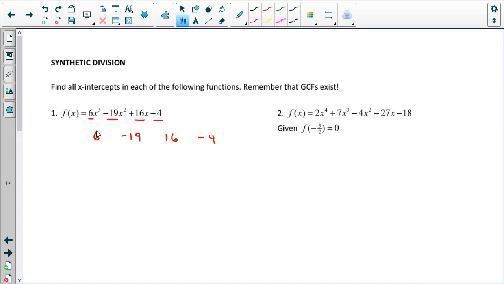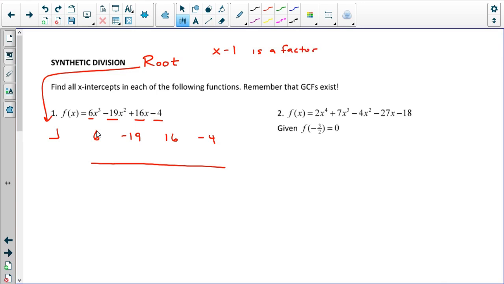And then what we're going to do is take the root and put it in this spot. So for example, if x minus 1 is a factor, then x equals 1 would be the root.